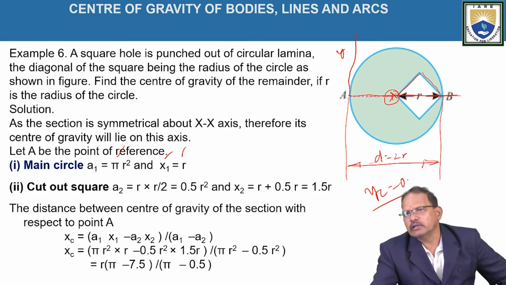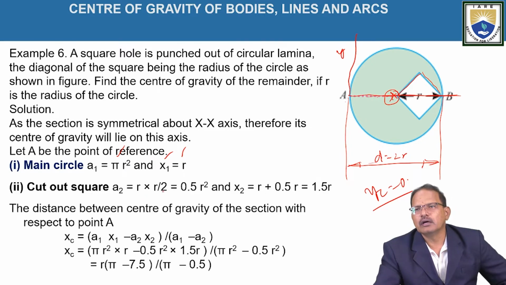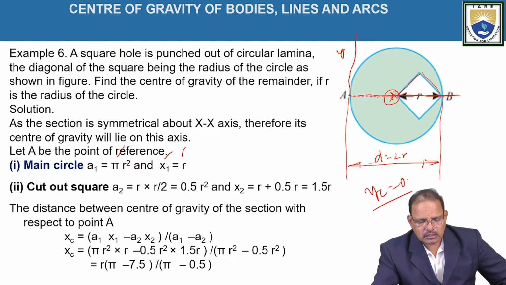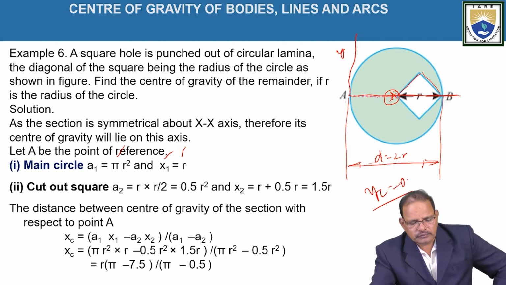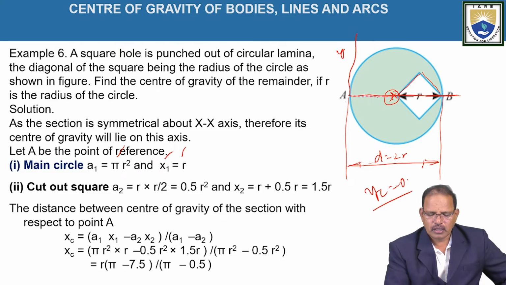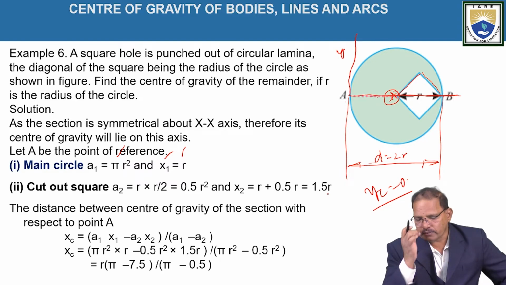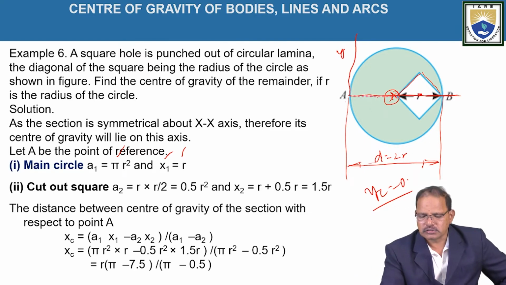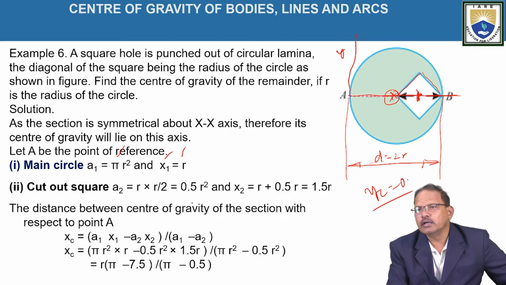For the cutout square, the area is equal to r into r by 2, which is 0.5 r square, and x2 is equal to r plus, just in the middle of r, that is 1.5 r now.